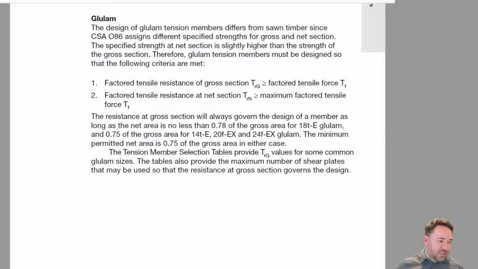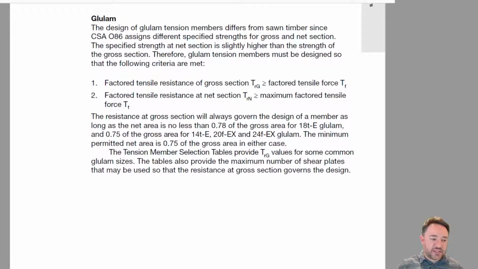It reminds you that the minimum permitted net area is 75%. Remember, we can only cut out 25%. So for almost every case, the gross section resistance will govern the design.